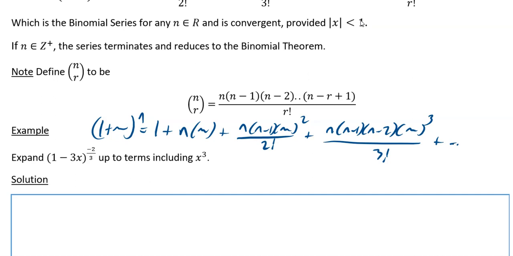And I would add that into your notes there. That is very useful because quite often, as you'll see in the next example, it's not 1 plus x, it's 1 plus something else. So as long as you know what that something is, you can very easily work out what your expansion is going to be.